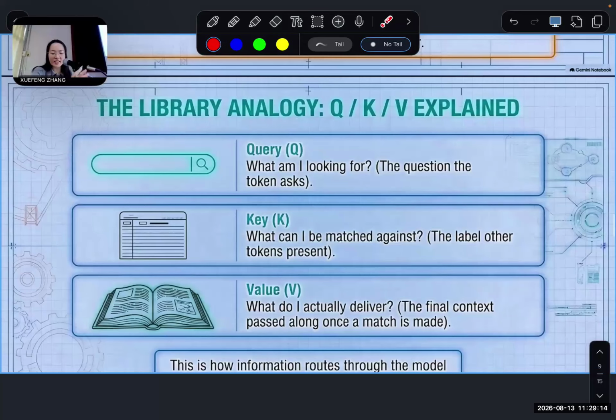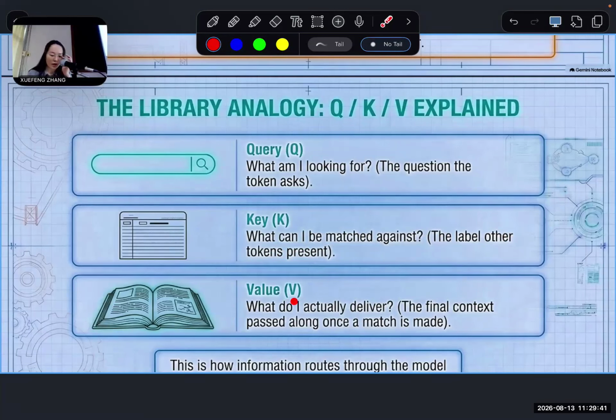Okay, here, just like the library analogy. First one, query, right? What am I looking for? If you go to a library, what are you looking for? So the question is what the token asks. And next one, what is the key? What can I be matched against? Which is the label other tokens present.